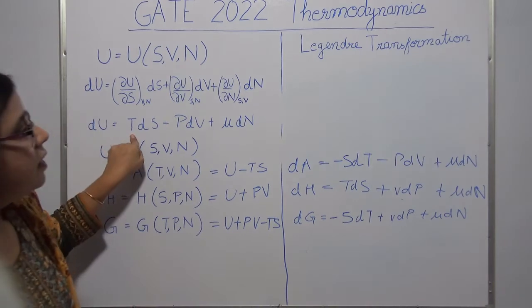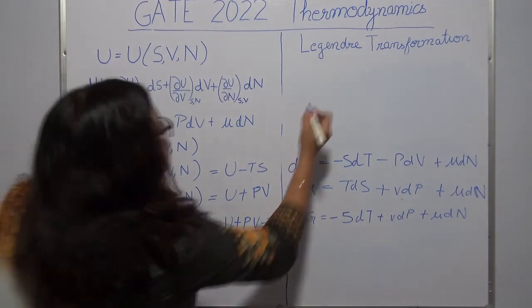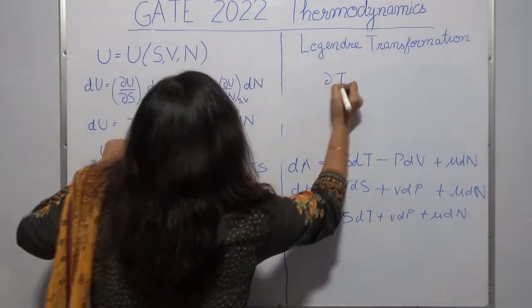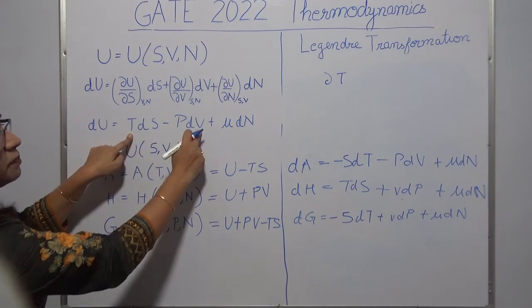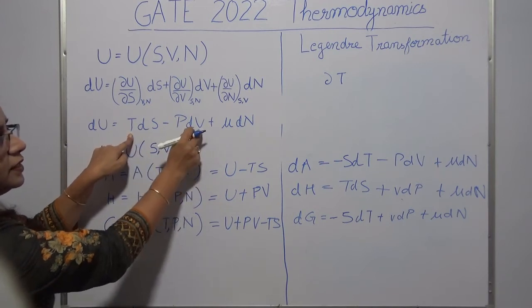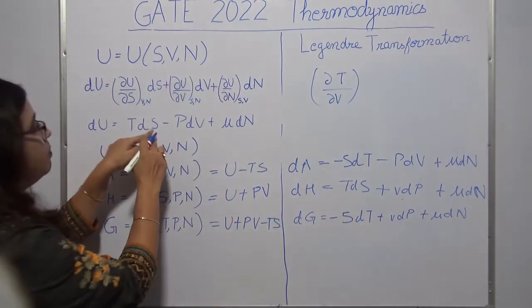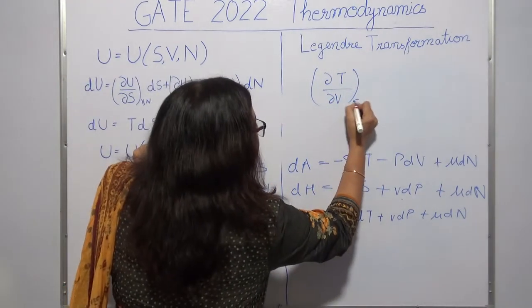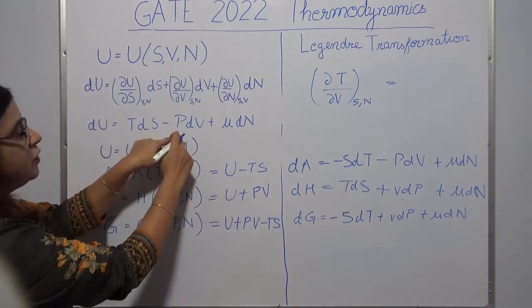So let's write Maxwell equation from this equation. So what I do is, I take partial derivative of T with respect to, let's say, one of the variables, let's say dV. Now you will keep the other two constant, so I will write S, n constant, and that is equal to, let's shift to this coefficient.